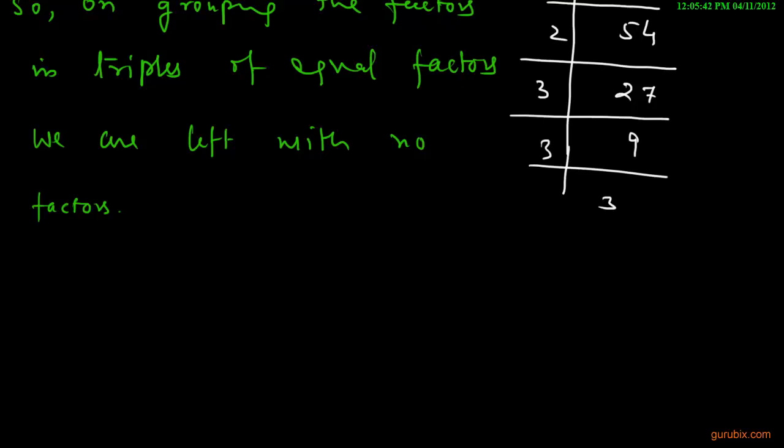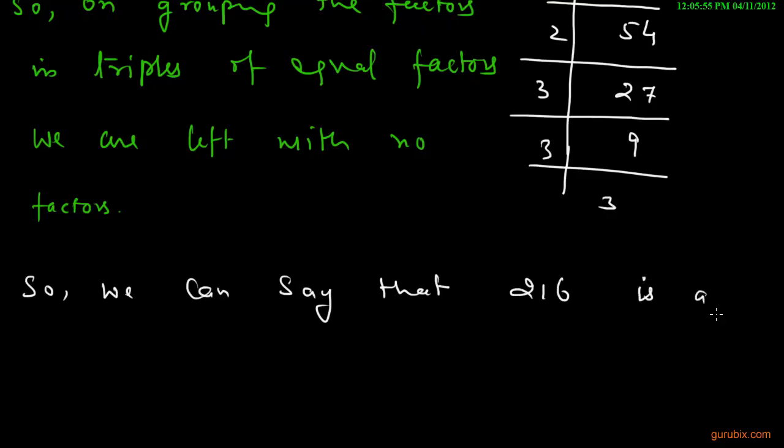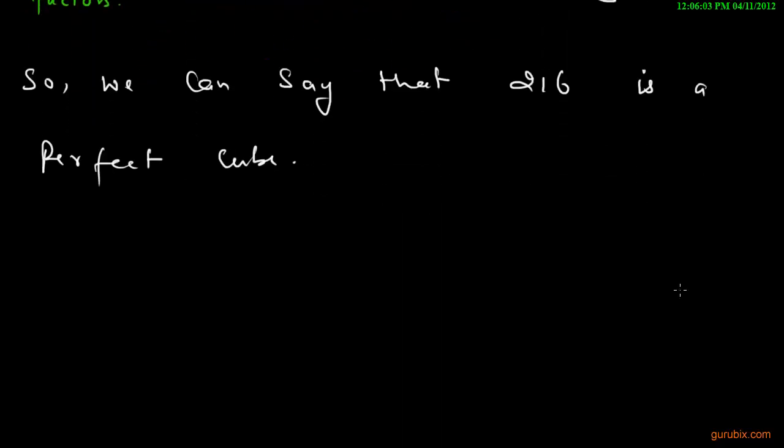So we can say that this 216 is a perfect cube, and we can find the number whose cube is 216 like this.